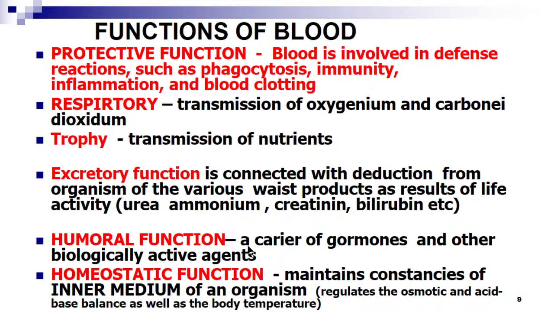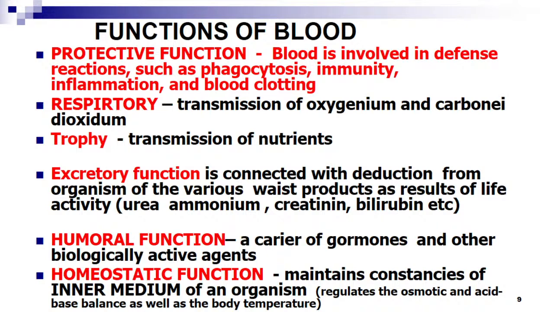Humoral function, a carrier of hormones and other biologically active agents. Of course, the endocrine system can work, and moreover, intercellular interactions can be activated, only with blood as the agent carrying these substances.